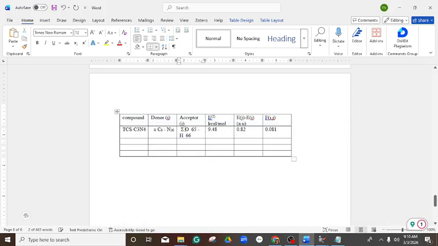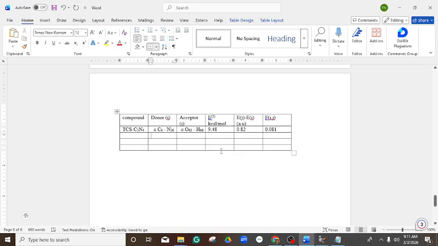So this is a sigma bond, and adjust subscripts. So I have my first interaction.